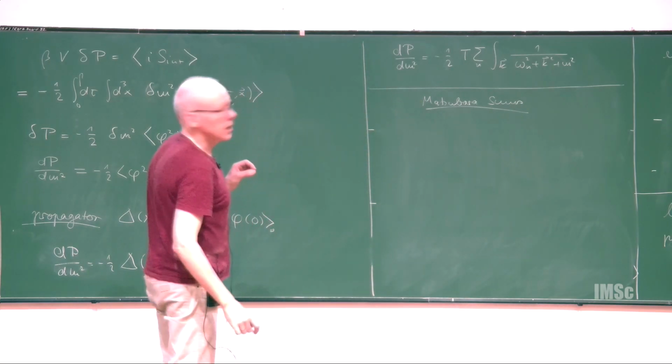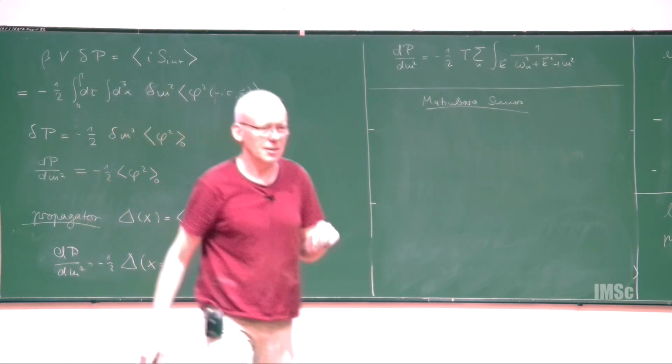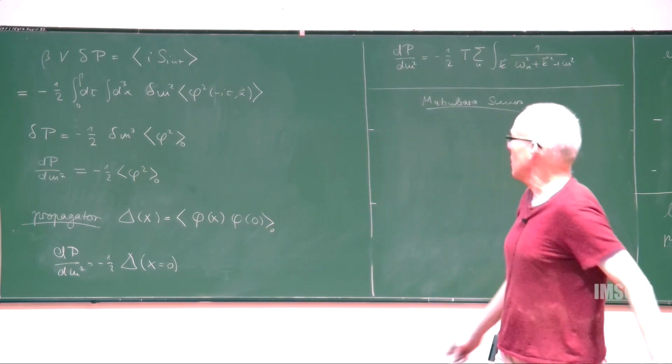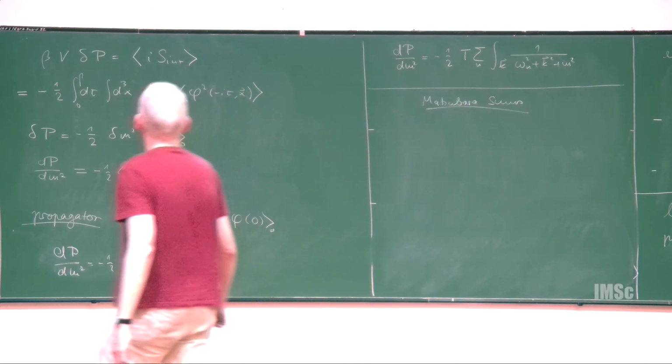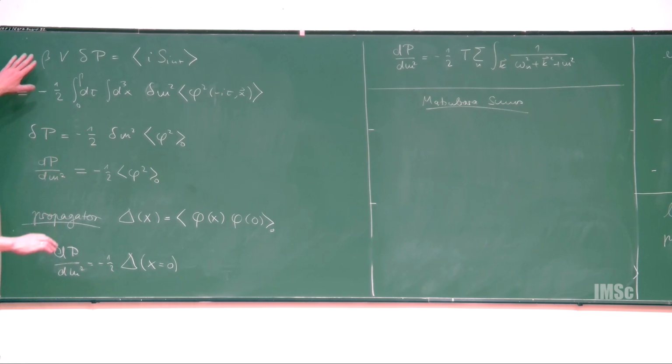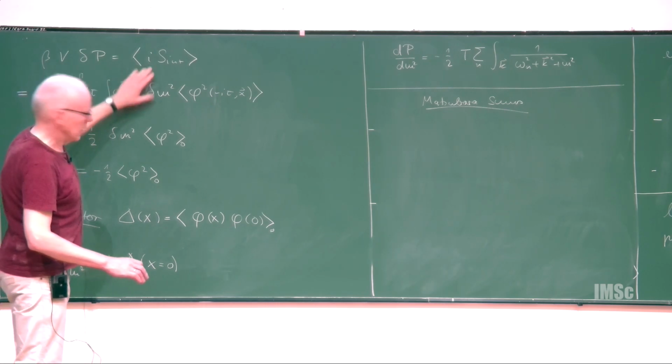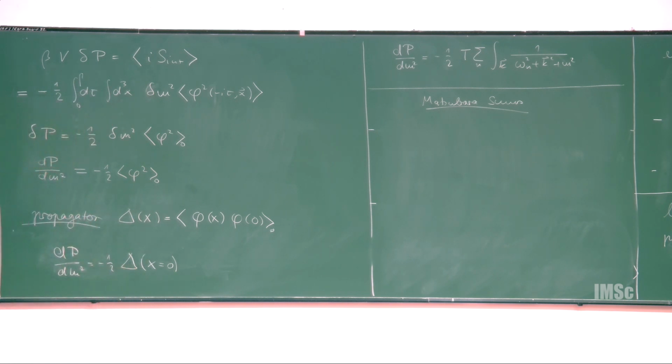Sorry, I missed one thing in this. This delta x is only the x vector. Yes, the last propagator, the last line, there. That's x. Sorry, I missed the notation, so there is no tau or beta involved here.